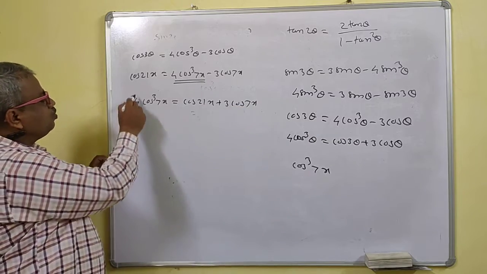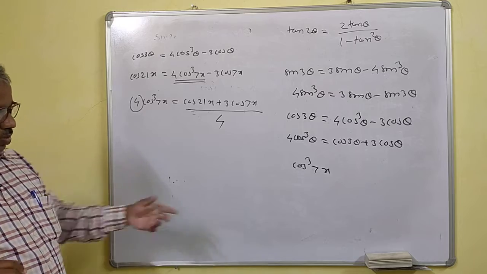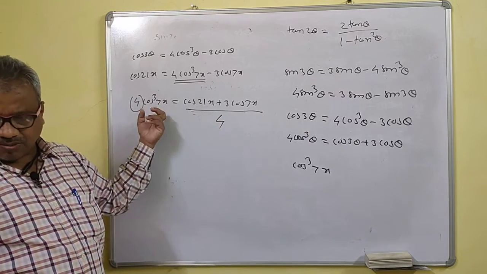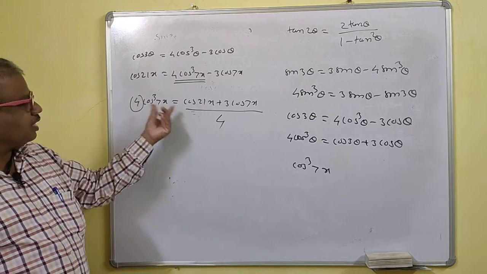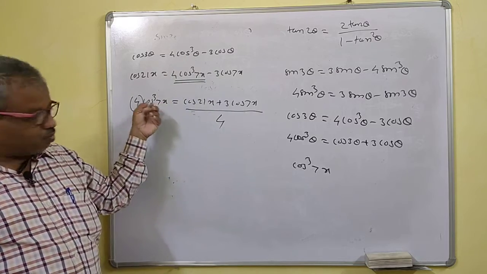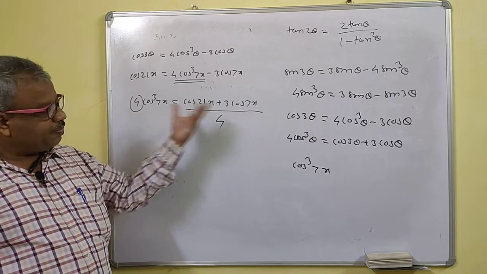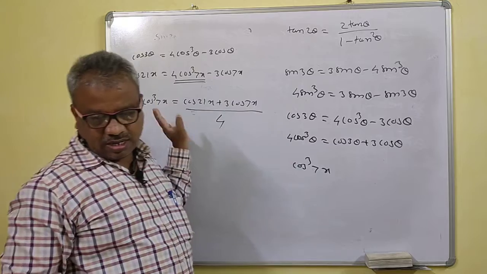And if you don't want this 4, you can divide by 4 here. Now see cos cube 7x. The angle may be anything. Just write the formula for cos cube theta and replace theta with what you want. Replace theta as 7x everywhere; if it is 9x, replace 9x everywhere; if it is x, write theta as x.